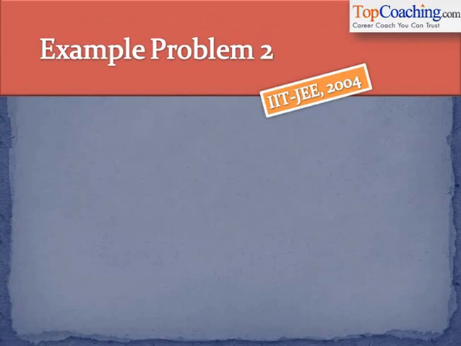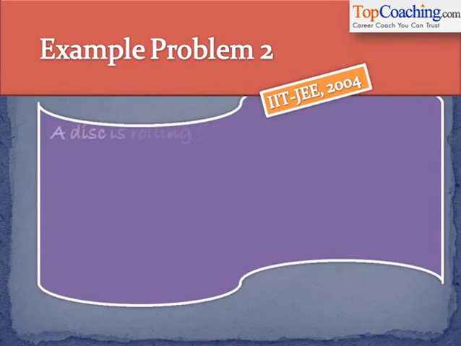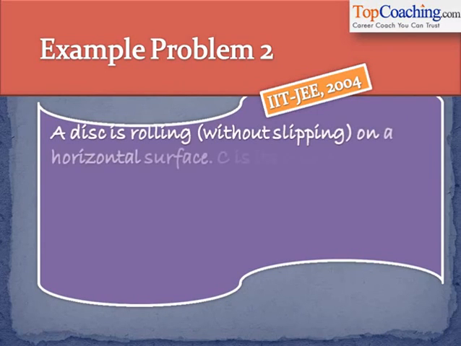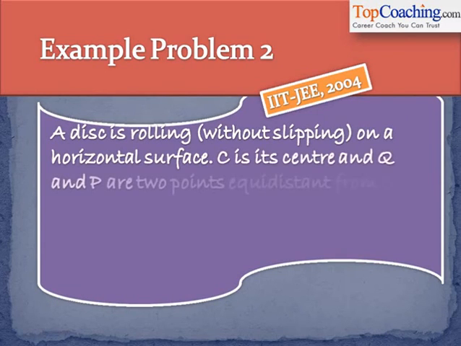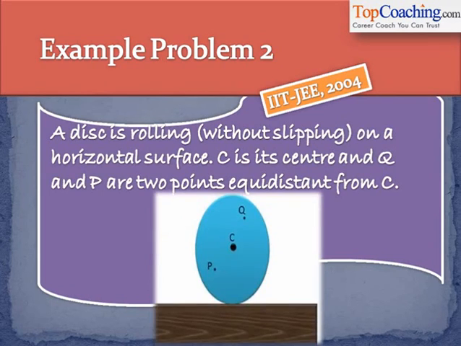Here's another question. This one was asked in IIT JEE 2004. A disk is rolling without slipping on a horizontal surface. C is its center and Q and P are 2 points equidistant from C. Points like this.